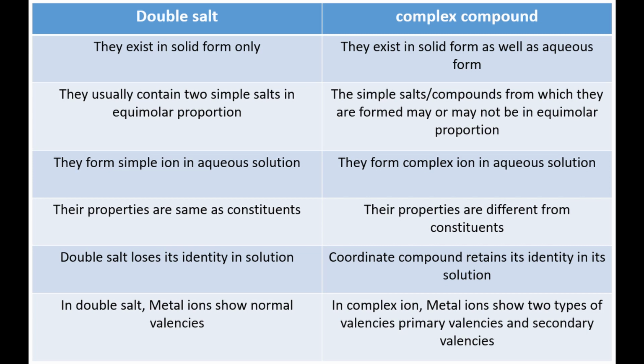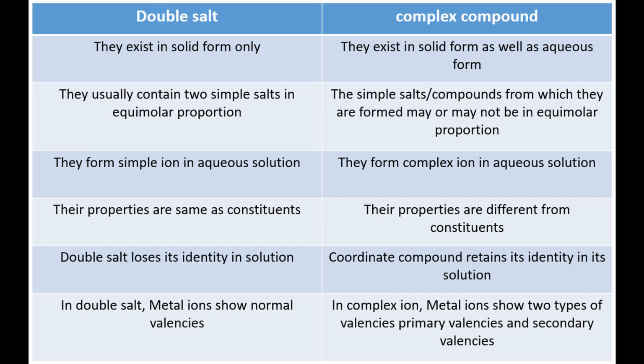Double salt loses its identity when it is added in water, whereas the complex compound retains its identity when it is added in water due to formation of the complex ion. And the last difference is that in the double salt, the metal ion has a normal valency, whereas in the complex compound, the metal ion has two types of valency. The first one is the primary valency and the second one is the secondary valency.